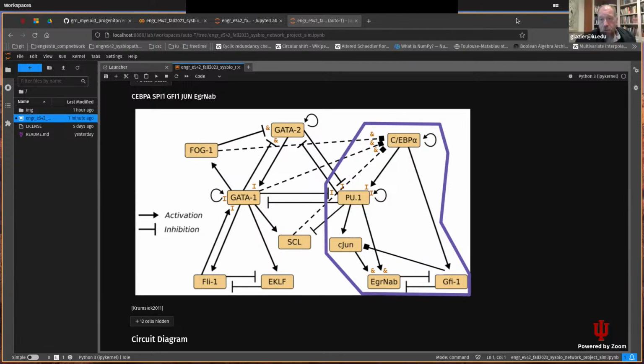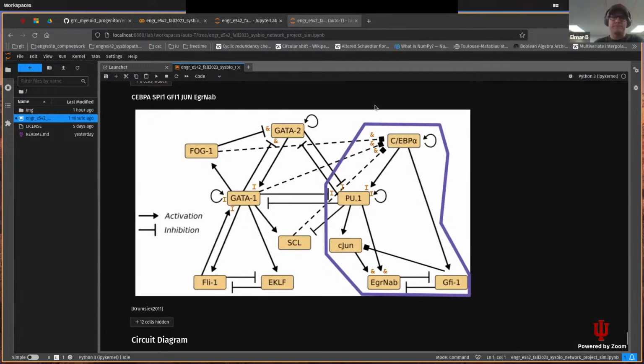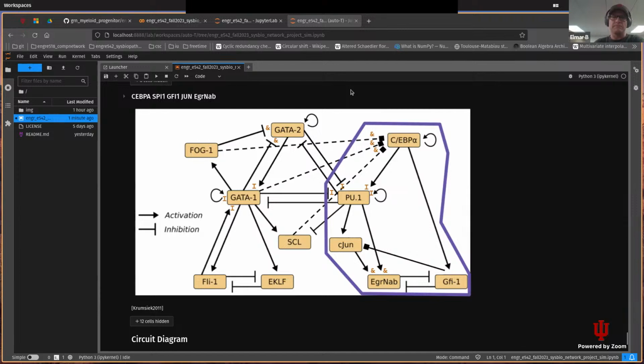Well, I guess you ask about the model. So when you say explain differentiation, that could mean a lot of things. You mean the particular sequence of differentiation states you see? Yeah. So a differentiated state is a cell type, right?